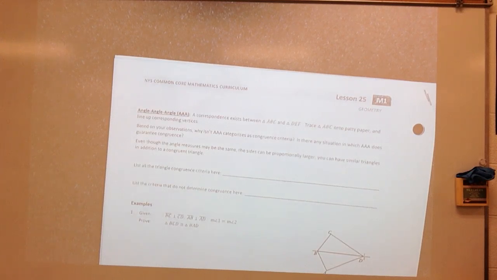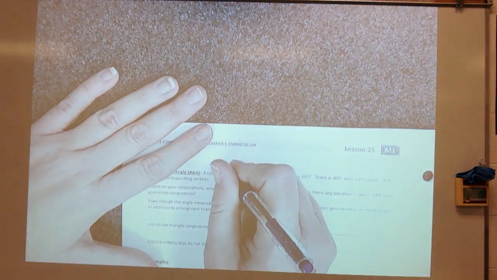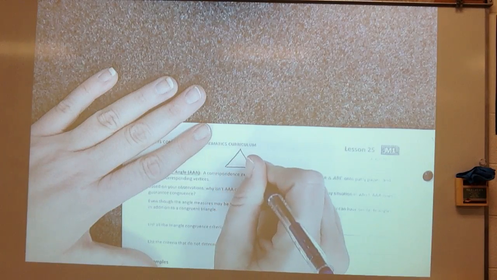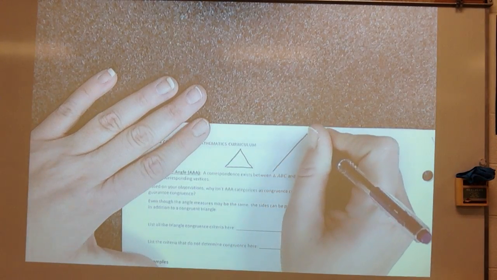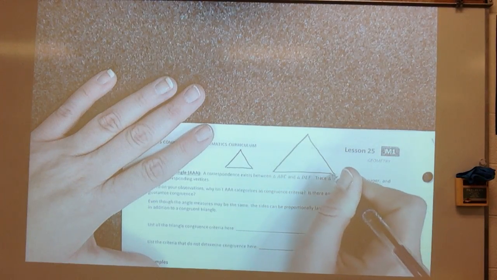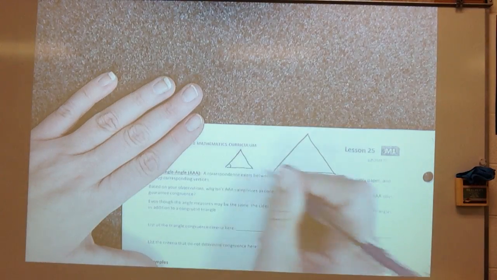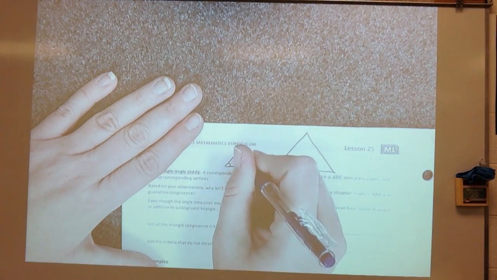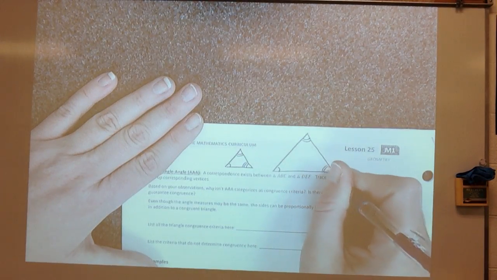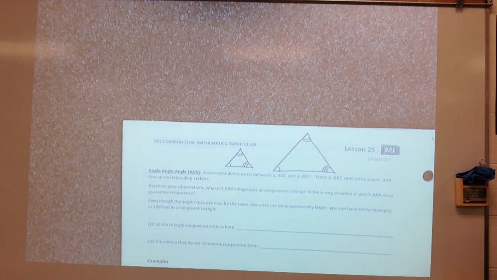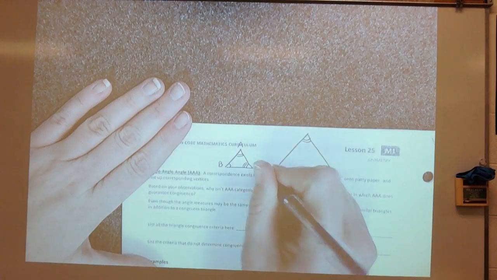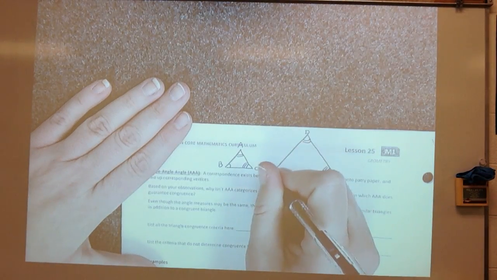Let's just say this is what I know. Let's say this is triangle ABC, and that this is triangle DEF.